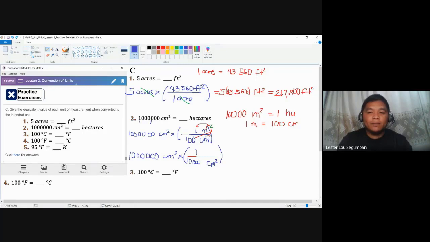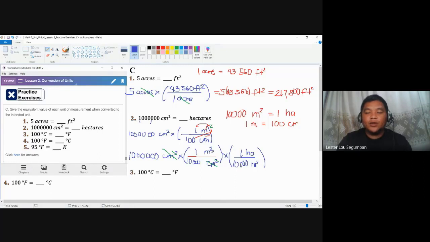And we should also apply the exponent here in the numerator, meters squared. By doing that, we can now remove this and the square here. And the other implication is that we can now use the relationship of 10,000 meters squared to 1 hectare.